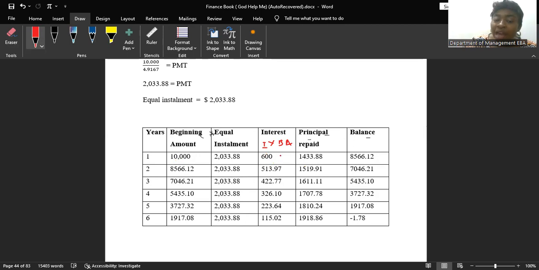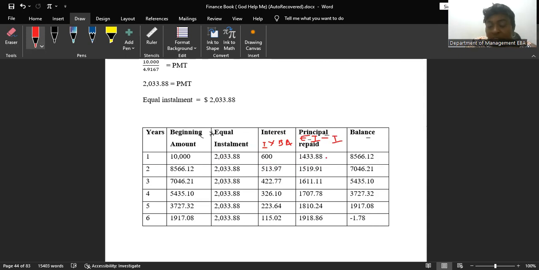Now how can we get that? That will definitely be the equal installment here minus the interest. So when we subtract the interest from this amount, what is remaining is the principal, the portion of the principal we paid for the first year.